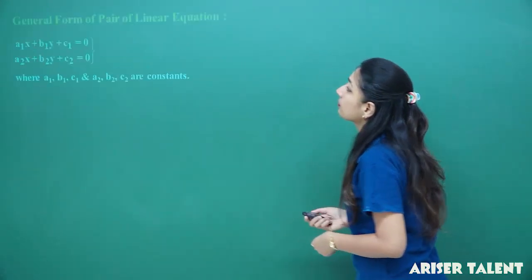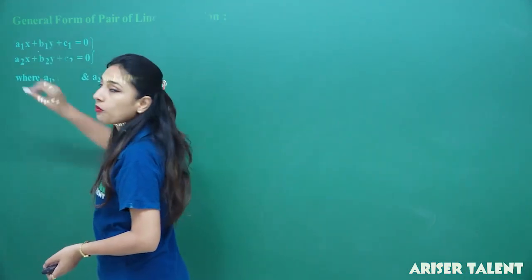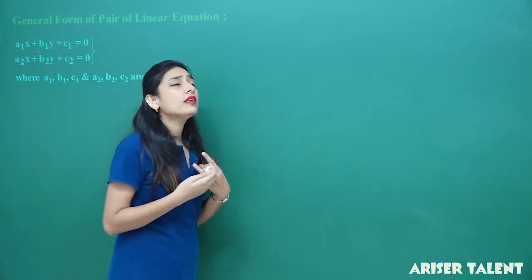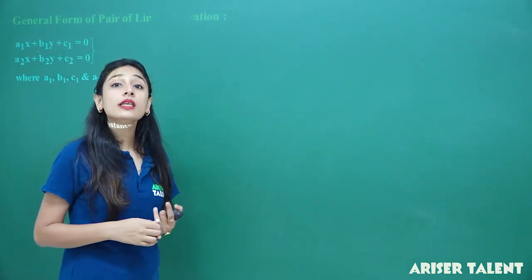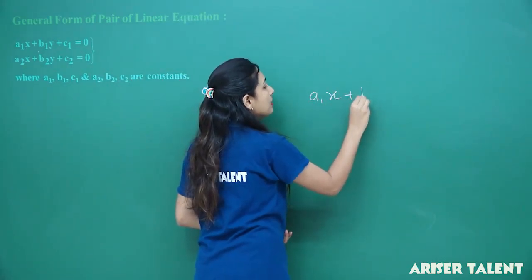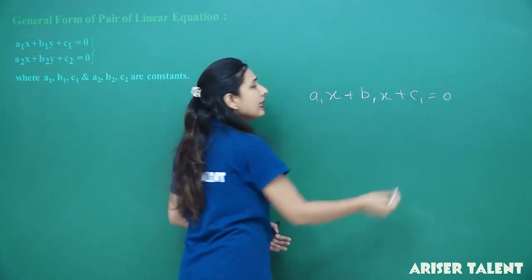Okay. Now the general form of a pair of linear equations. Now this is the general form. What is the general form? Here x and y will be the same. So a1x plus b1y plus c1 equals 0. This is the format.